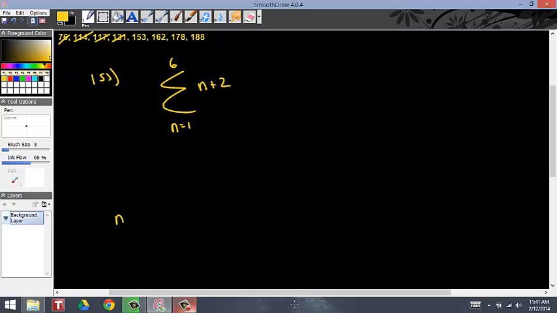So where n equals 1, I'm going to have 1 plus 2. When n equals 2, I'm going to have 2 plus 2. When n equals 3, I'm going to have 3 plus 2. When n equals 4, I'm going to have 4 plus 2. How high am I going with this? To 6. When n equals 5, I have 5 plus 2.